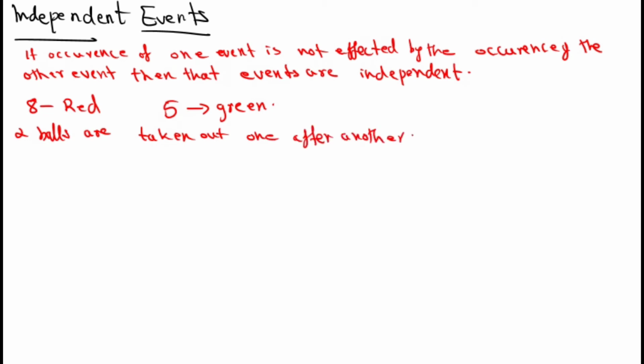First case I'm taking without replacement. You're taking two red balls outside. Here I will take it as two red balls. First condition is without replacement, and second condition is with replacement.